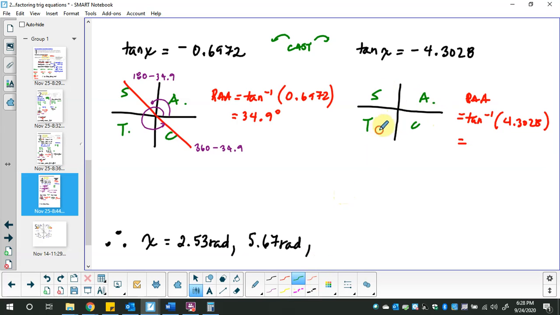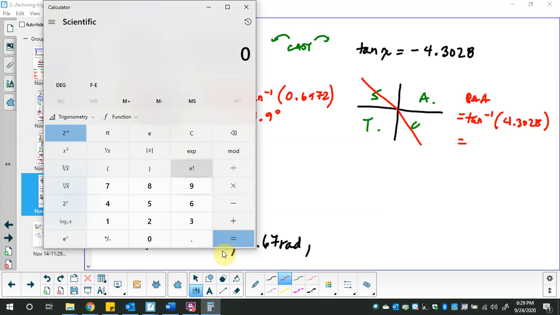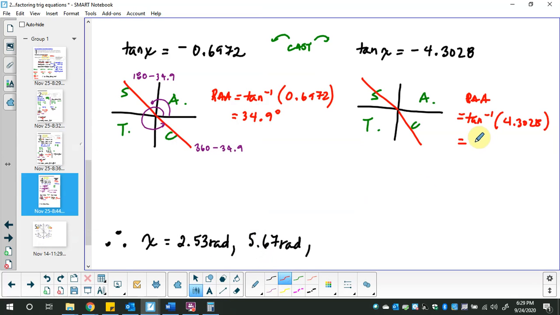So tan is positive there and there, negative in the same two spots, not coincidentally, as the last question. So now I know what the degrees will be. 4.3028 second function tan is 76.9 degrees, which is not really all that helpful.